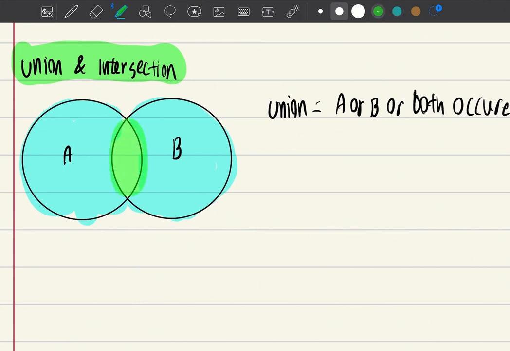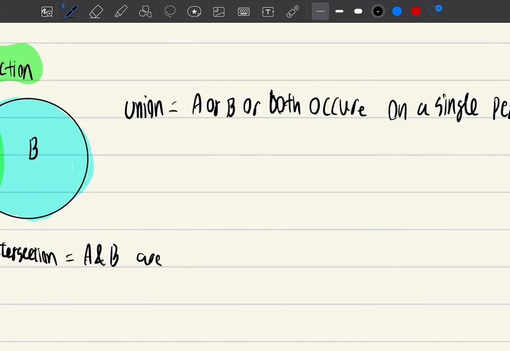Why don't we count over here? Because here we call it intersection. Intersection is when A and B both occur on a single performance.